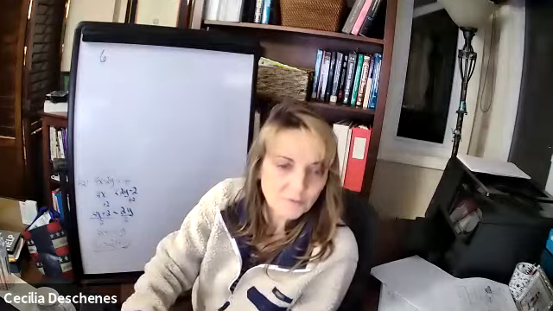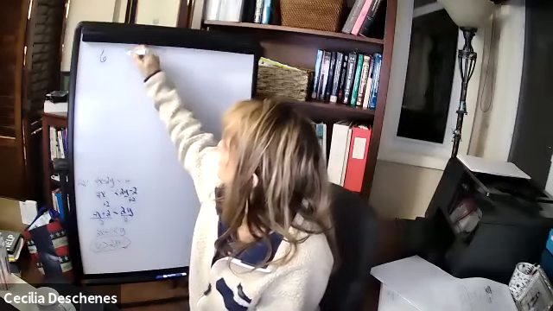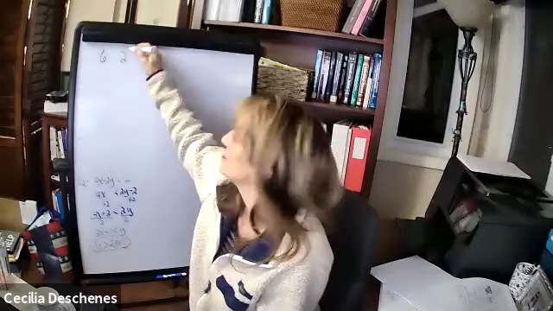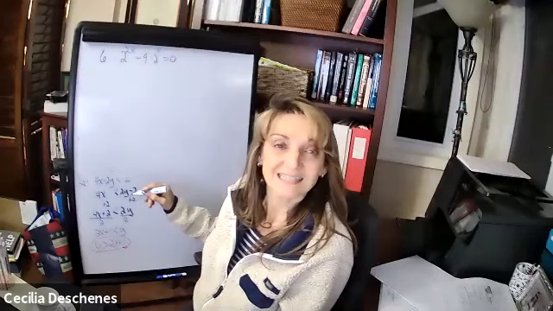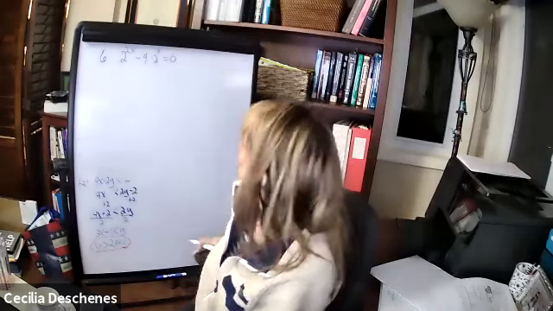It is 2 raised to the 2x minus 4 times 2 raised to the x is equal to 0. Right? Yes. Okay.